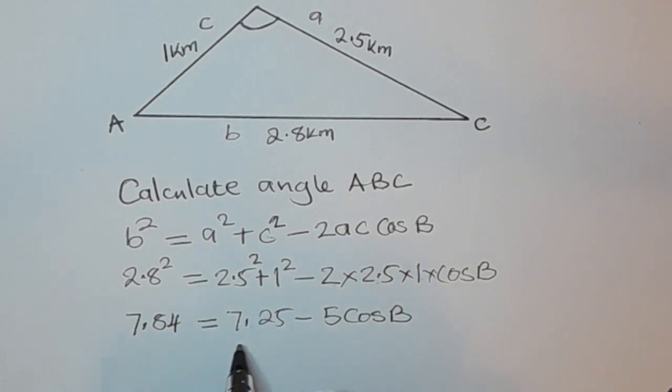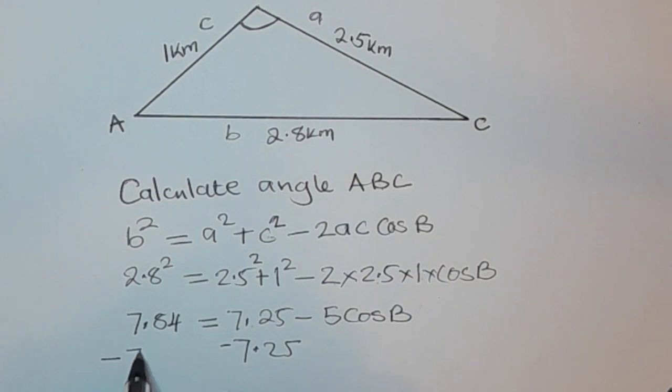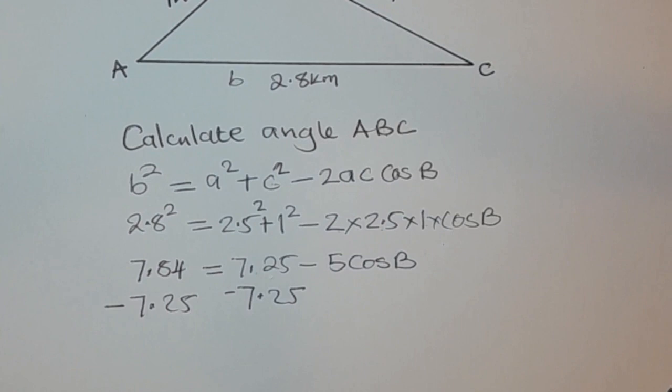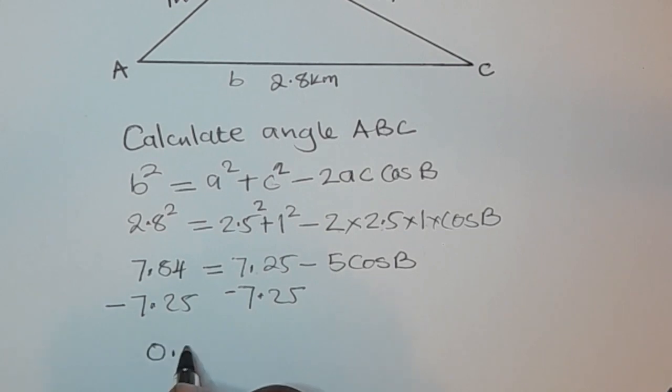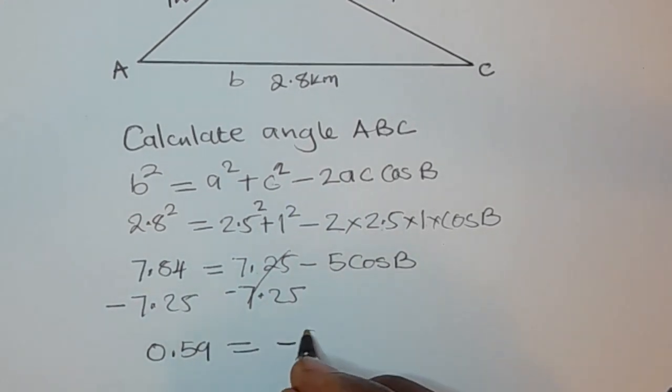So for us to remove this, we are going to subtract 7.25. What we do on the right, we also do on the left. So we have negative 7.25. Okay? 7.84 minus 7.25, you have 0.59 is equal to, this becomes a 0 minus 5 cos B.